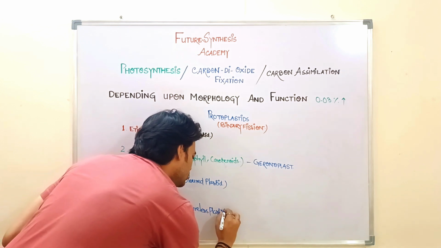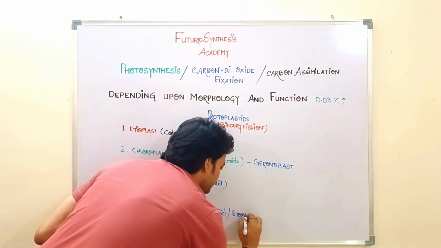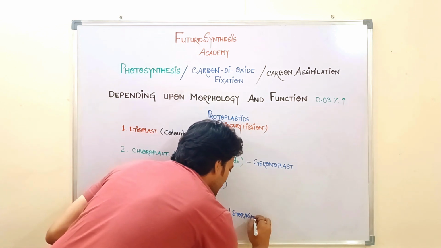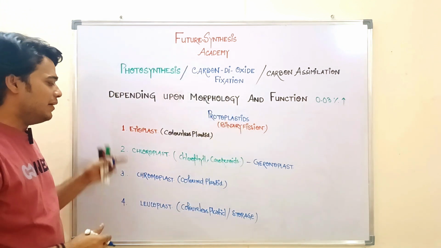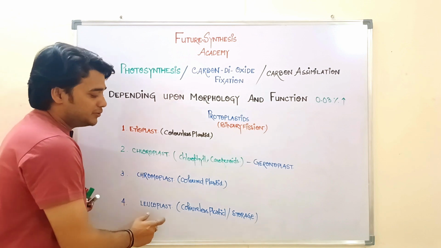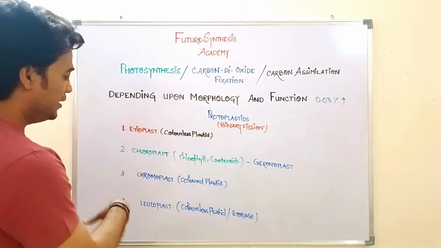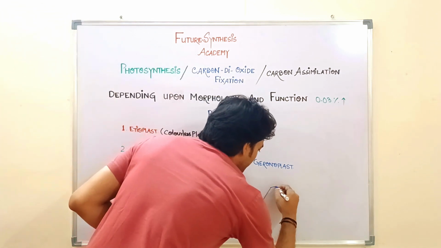But this is also known as the plastid for storage. Now this is really important. Every plastid is important, but this leucoplast is really important, because this leucoplast itself gets bifurcated into three types of plastid.